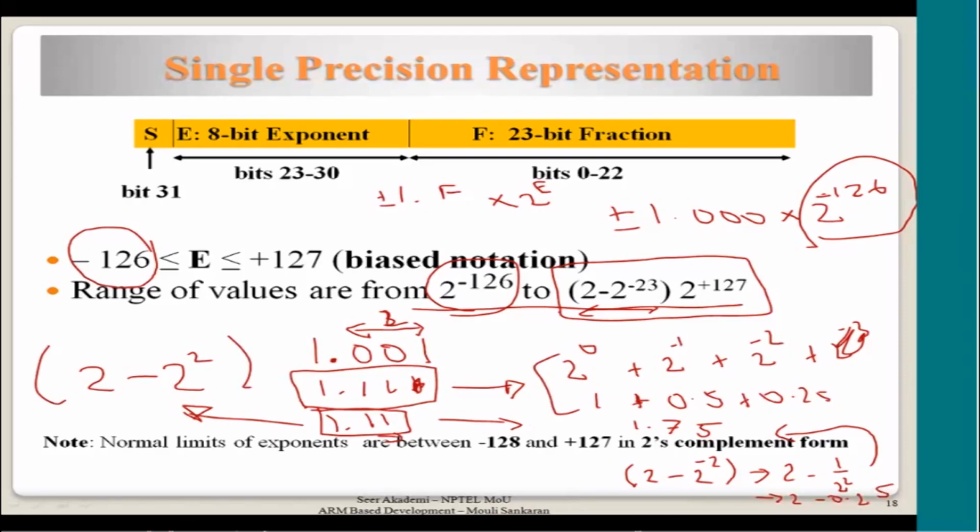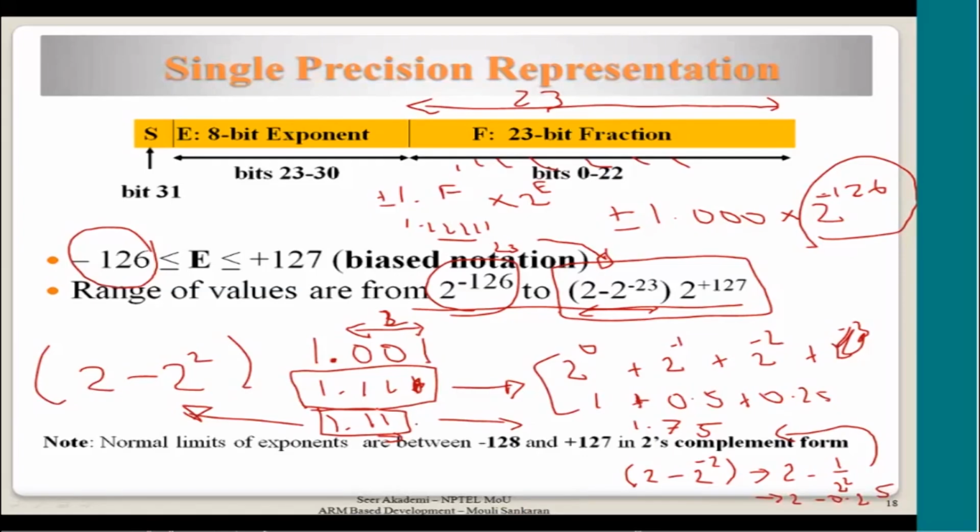Now I am given 23 bit patterns here. If it happens to have all ones, which will correspond to 1 point all 1, how many ones? 23 ones, right? Which will be equivalent to 2 minus 2 power minus 23. You agree?